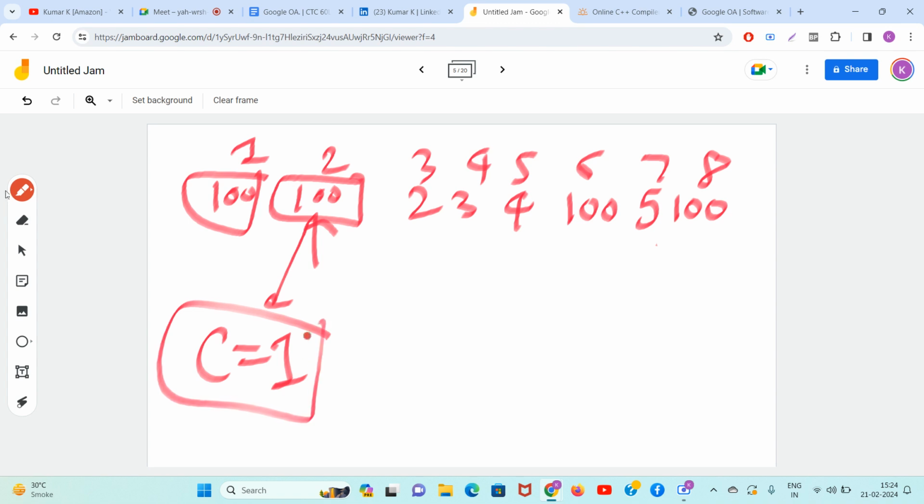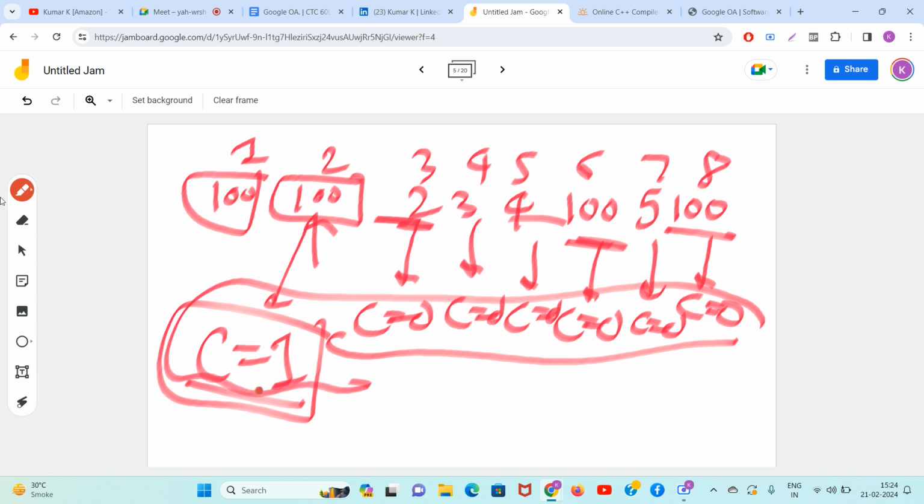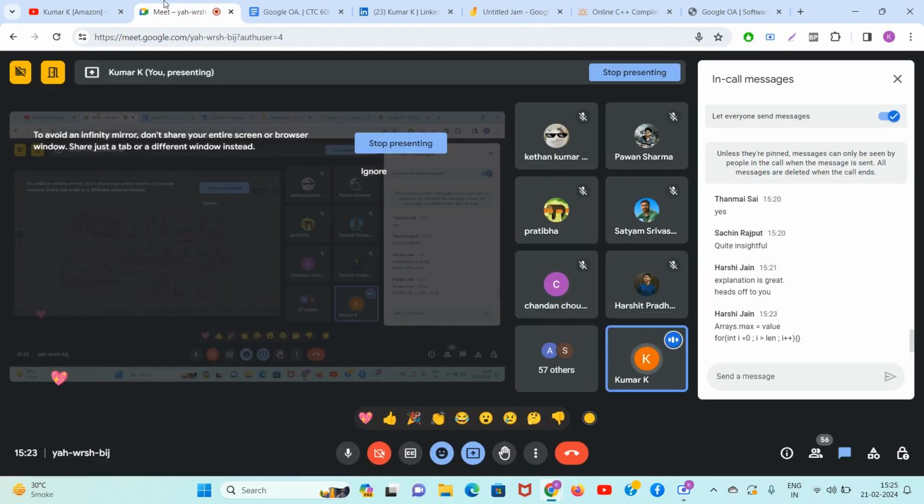You make your C as 1. Then you see this is not satisfied, your C is 0. This is 100, previous guy is not 100. So C was 1 and then 0, 0, 0. What is the maximum possible value of C? 1 is the answer, but you do plus 1 in the final because you started from index 2 now, so this gets missed. I will explain it to you with one more example.